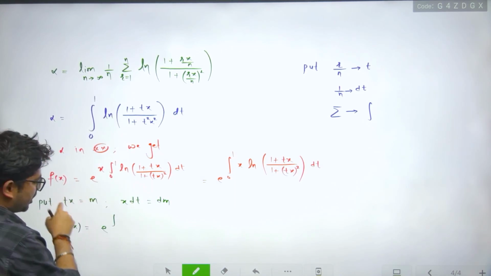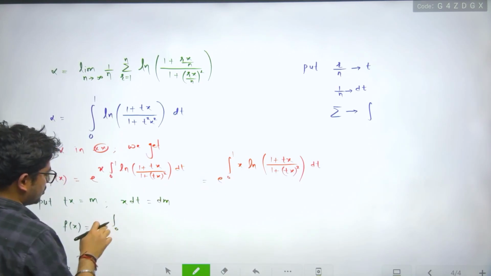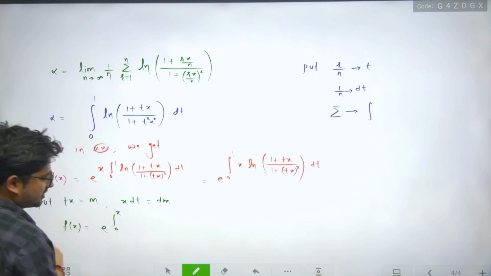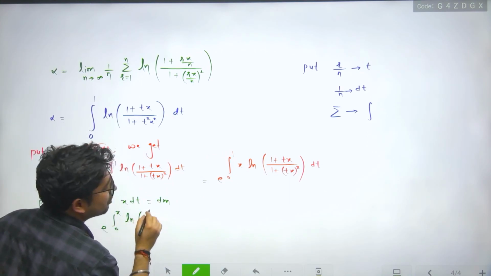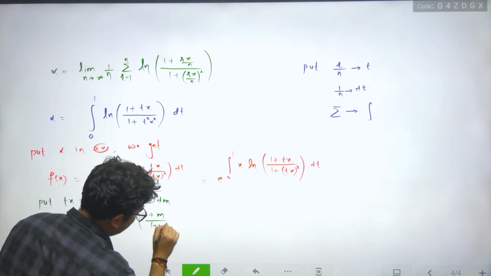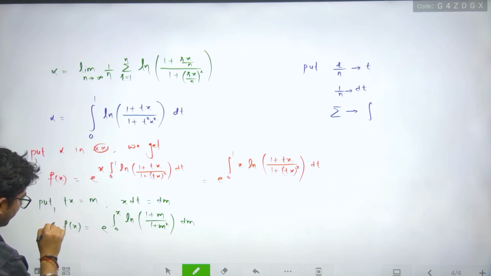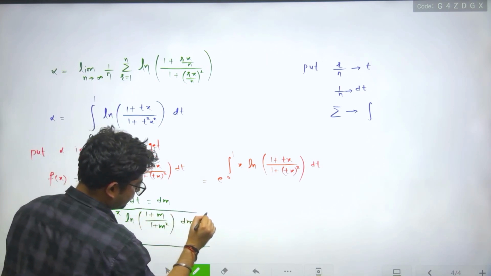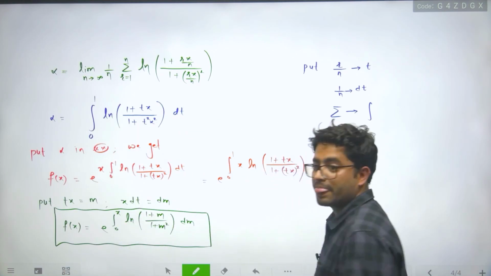When t is 1, the upper limit is x. And x dt is dm. So ln of 1 plus tx, that is m, so ln of (1 plus m) upon (1 plus m square) into dm. That's your f of x. This is your function f of x.